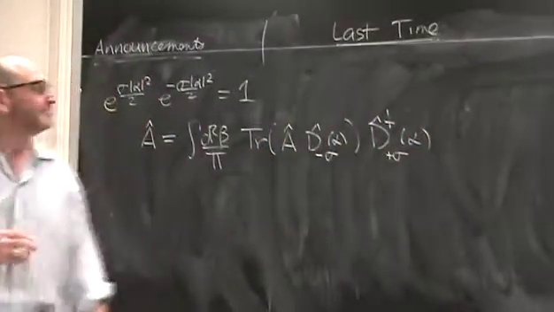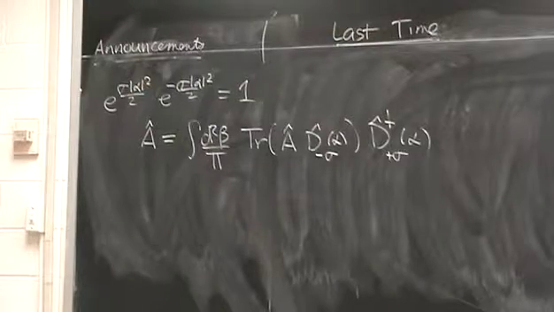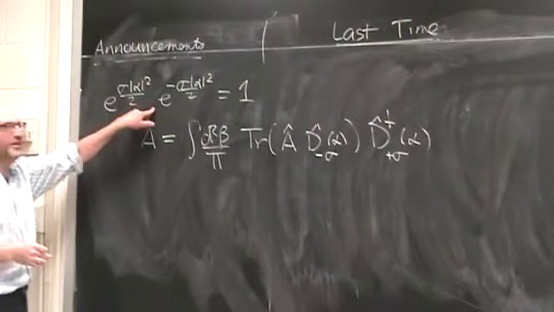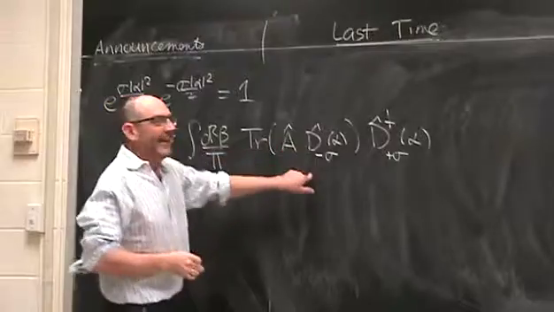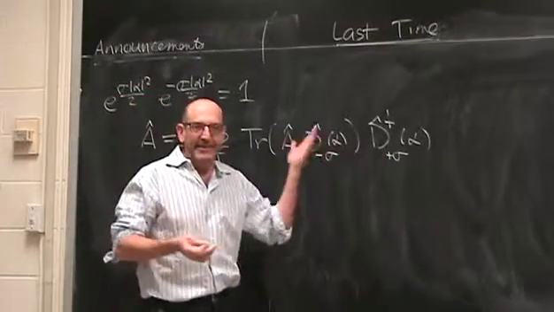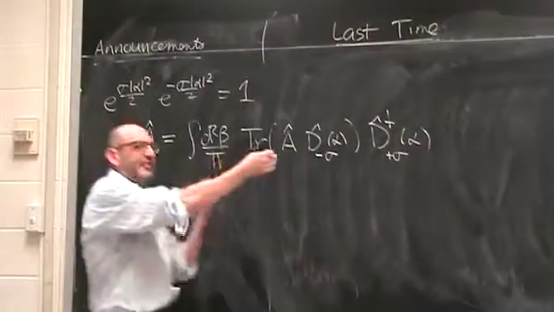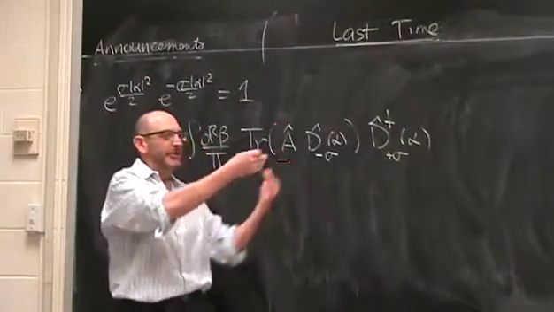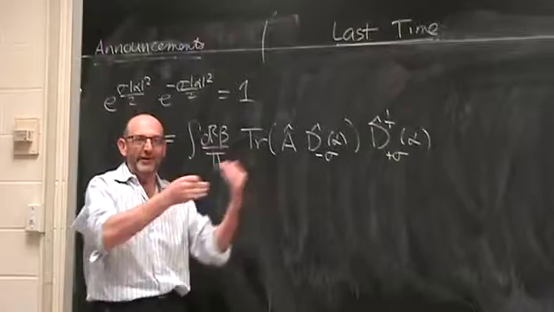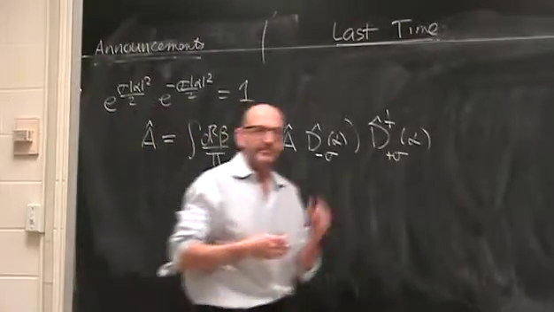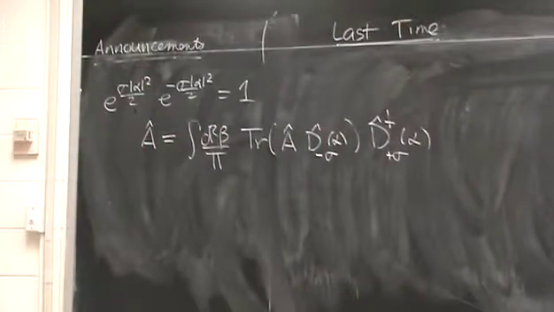You buy that? Because I can shove this in. This is a number, so I can put this guy, that's D minus sigma, right? So I have kind of this duality between normal order and anti-normal order. Okay, so far just math.